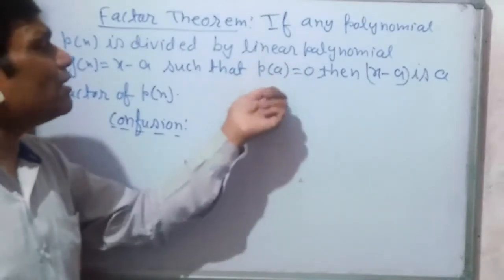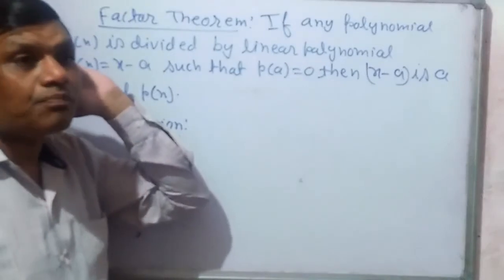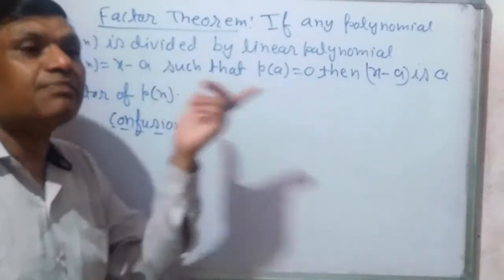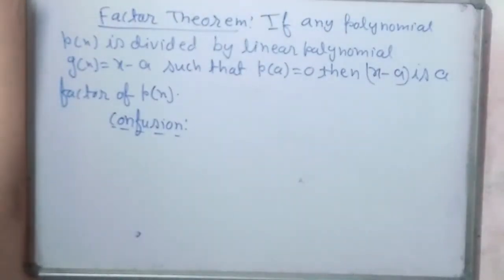So here the value of variable is a at which the value of the polynomial is becoming 0. And now you are saying x minus a is a factor. X minus a is a factor, right?